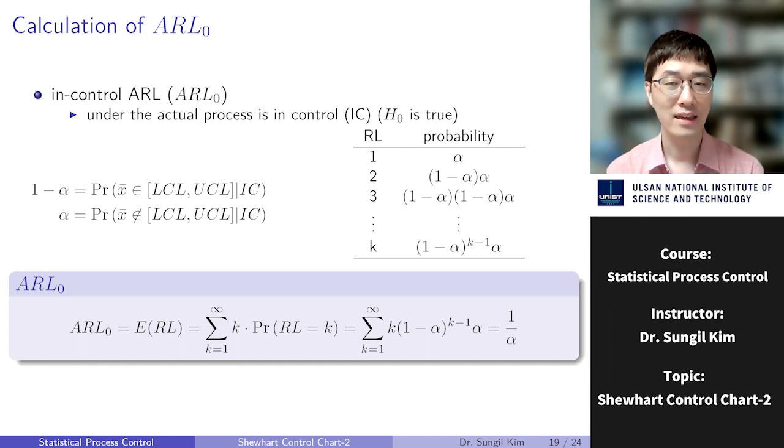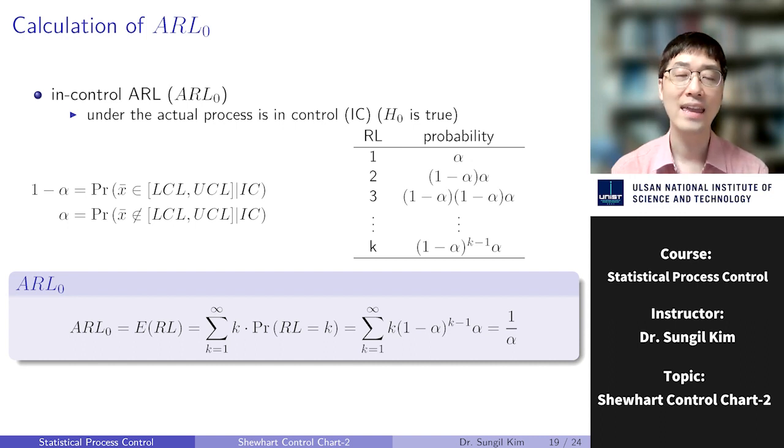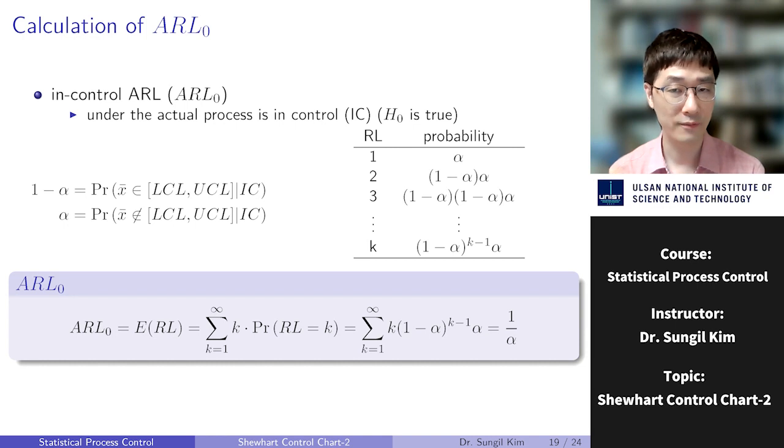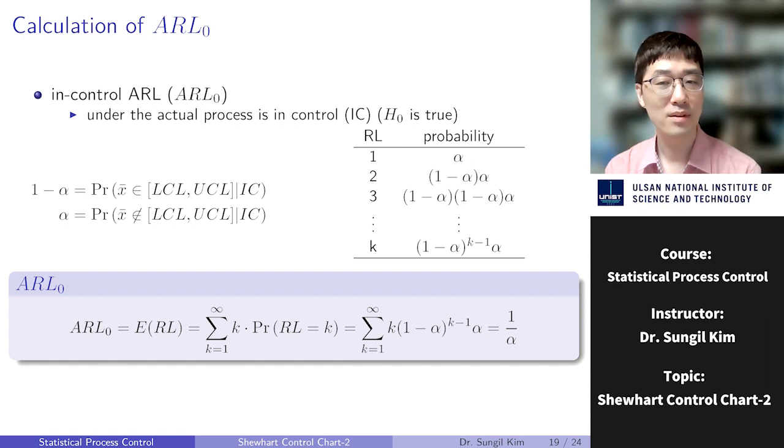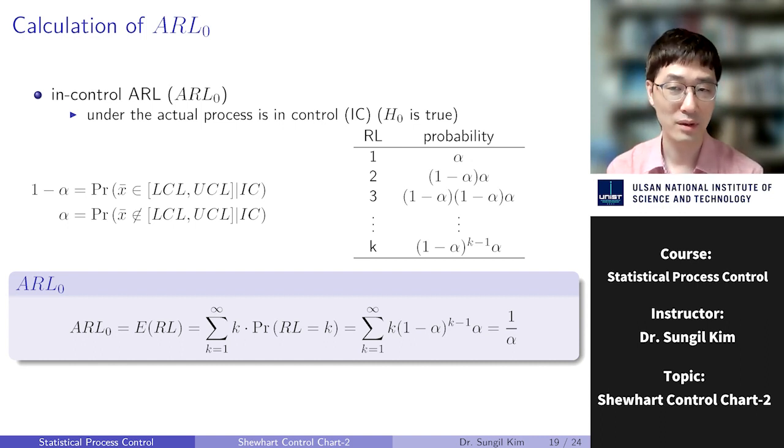Then we can calculate the expected RL by using the definition of expectation. ARL0 is the summation over k equal to 1 to infinity of k times the probability that RL equals k. With some computation of the sequence, we can obtain that ARL0 equals 1 over alpha.